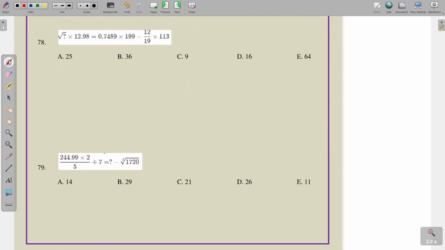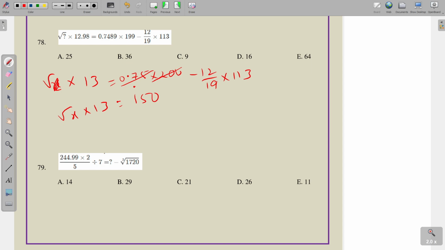Next question, root x into 13 approximately, it is 0.75 into 200 minus 12 by 19 into 113. So now root x into 13, 75 into 200 is 150, two zeros for two decimal points, minus 19, 6 times 12 sixes are 72.